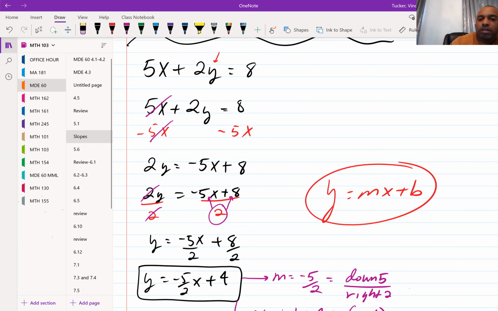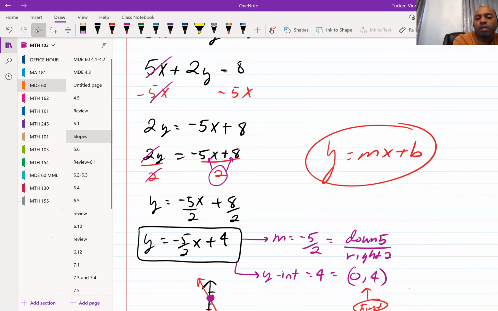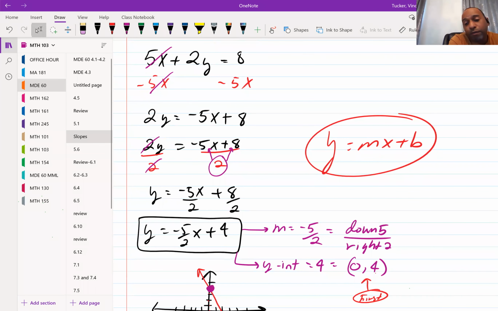All right, we good. So the slope is -5/2. Y-intercept is 4. If it's -5 over 2, that means we go down 5, right 2. Y-intercept is (0, 4), because remember, if it's your y-intercept, then x is always going to be 0.